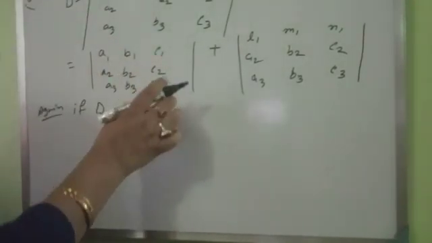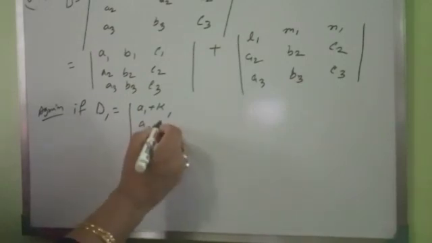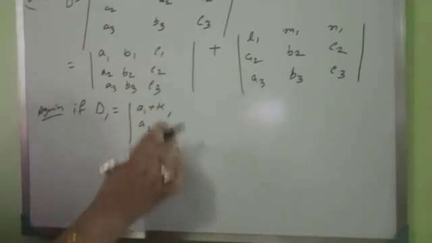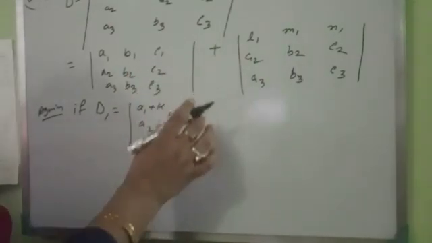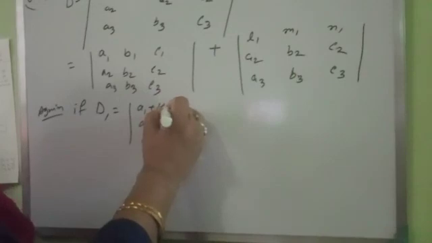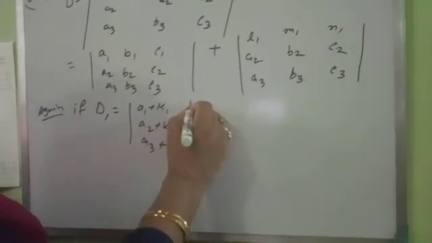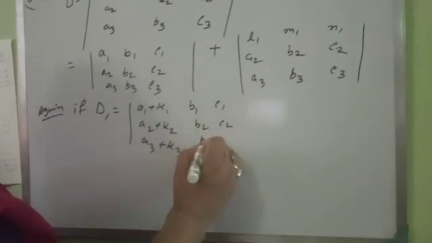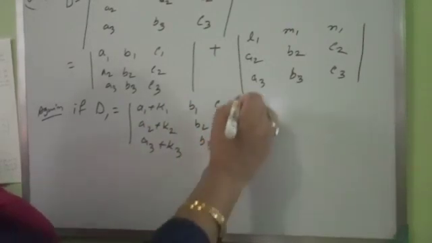Here each term of the first column, so A2, K2, A3, K3, each term of the first column is added to another term, that is K1, K2, K3. So B1, C1, you can write B2, C2, you can write B3, C3.